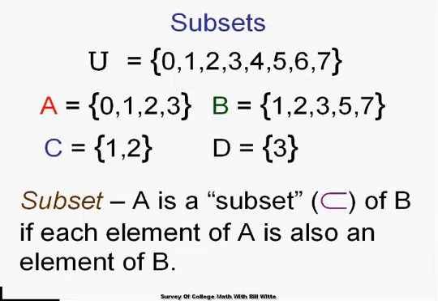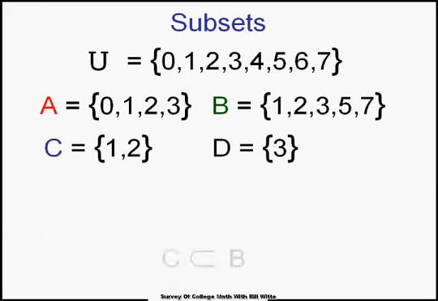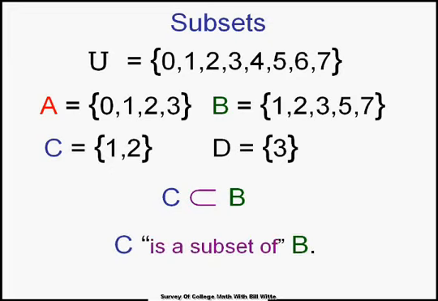A set A is a subset of B if every element of A is also an element of B. I try to remember that symbol, the fallen-down U, as a C. In other words, A is contained in B means A is a subset of B. A is totally contained in B. So we would say set C is a subset of set B, and as you can see, the 1 and the 2 are totally inside of B. So C is contained in B, or C is a subset of B.